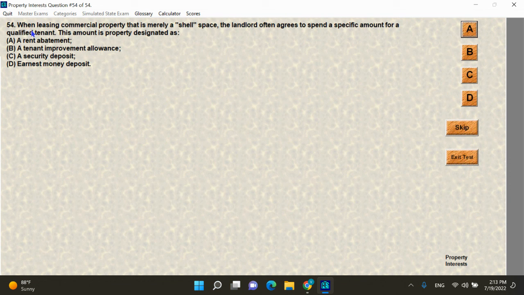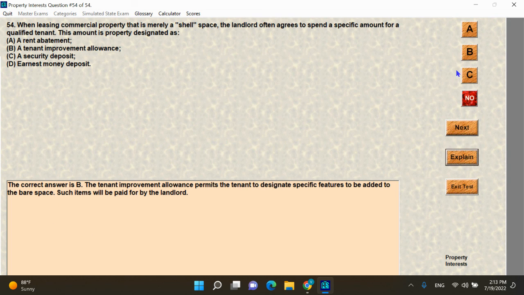Number 54 is the last question. When leasing commercial property that is merely a shell space, the landlord often agrees to spend a specific amount for a qualified tenant. This amount is properly designated as A. A rent payment, B. A tenant improvement allowance, C. A security deposit, D. Earnest money deposit.